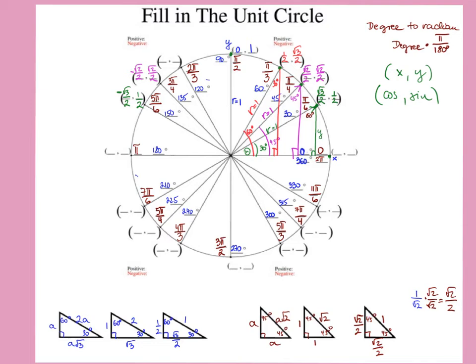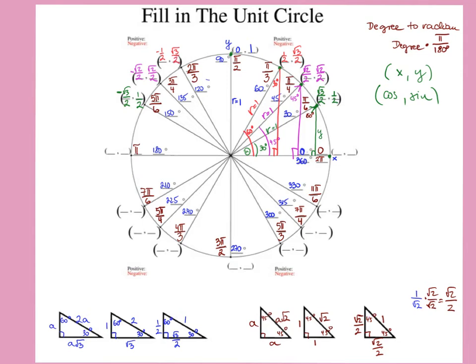So now we are moving on to the following angle, which is the 60-degree angle. So if I reflect the 60-degree angle over the y-axis, I get to 120 degrees, which is 2 pi over 3. And my ordered pair is going to be negative 1/2 and √3/2.